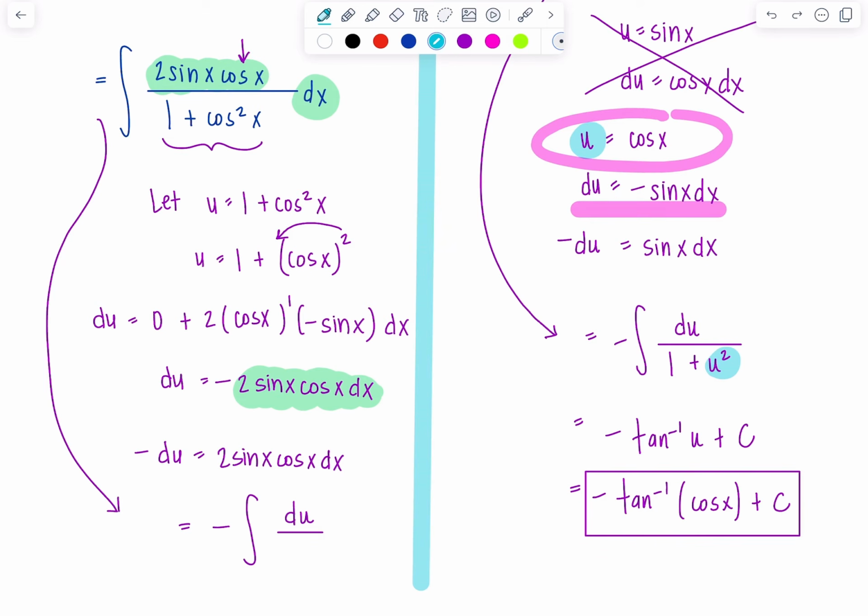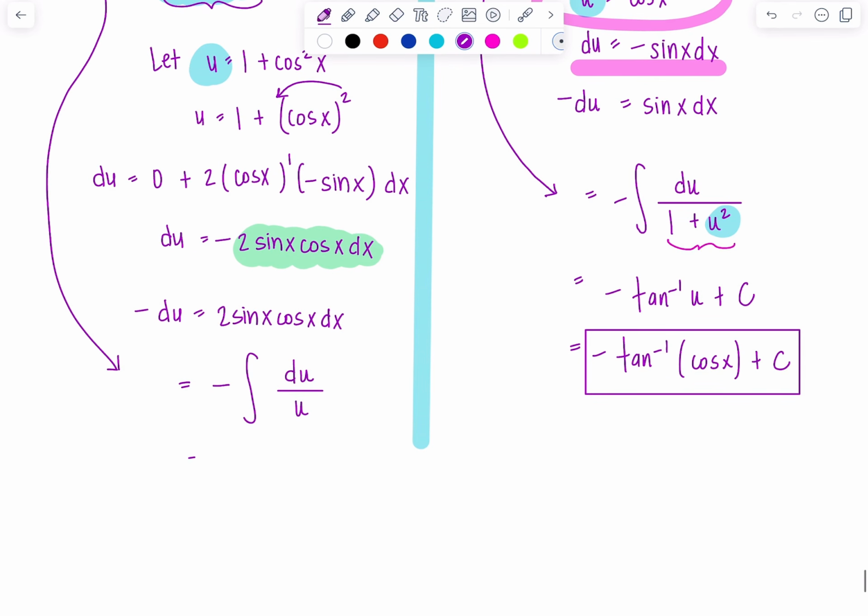Oops, I wanted a highlighter. The entire denominator is u. So I just have negative du over u. You see how last time when we u-subbed, we had 1 plus u squared because u was only cosine x. This time u was 1 plus cosine squared x.